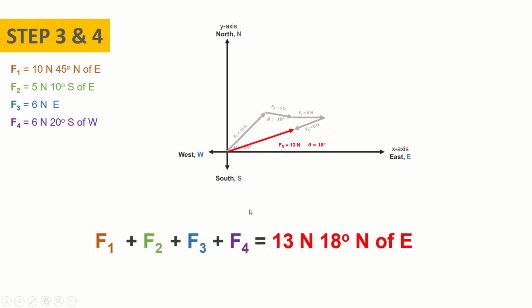When we add force vector 1 plus force vector 2 plus force vector 3 plus force vector 4, it will result in 13 newtons, 18 degrees north of east line. I did not put the values here because it is long. Each of these vectors has its respective value.